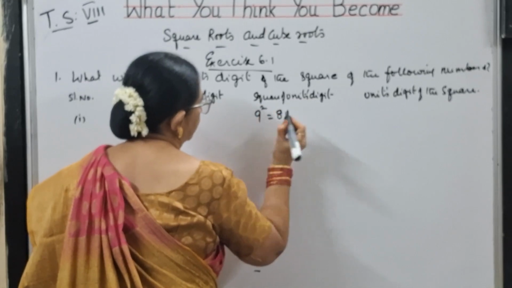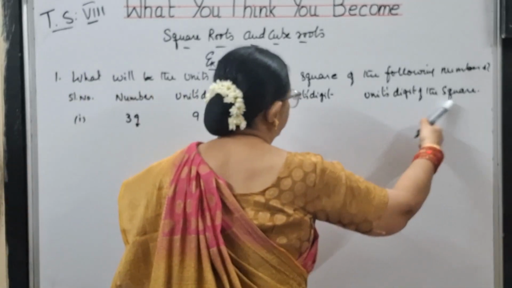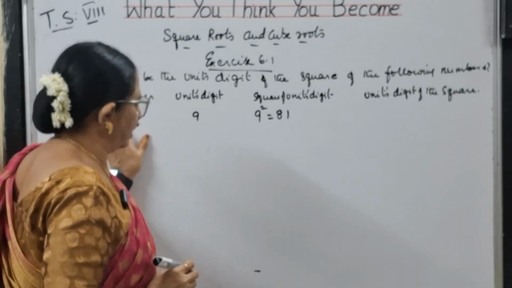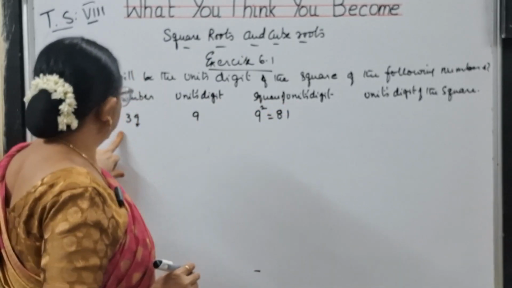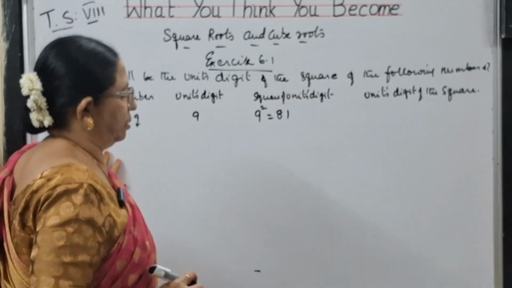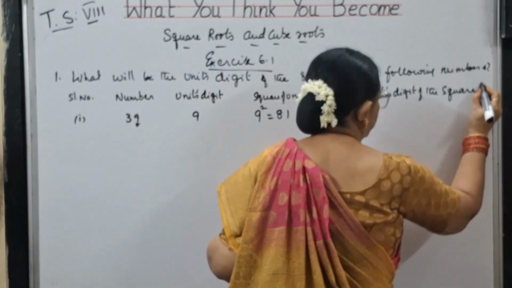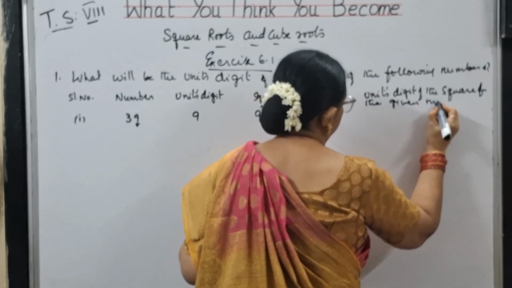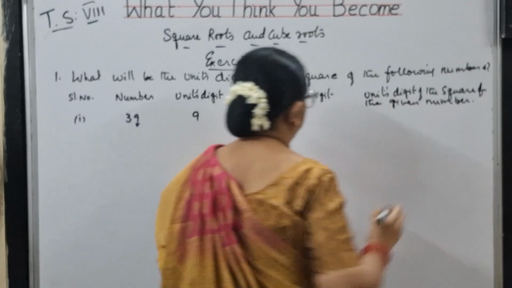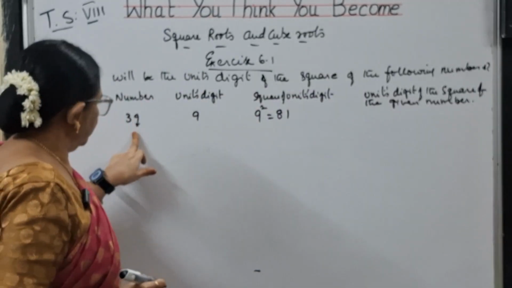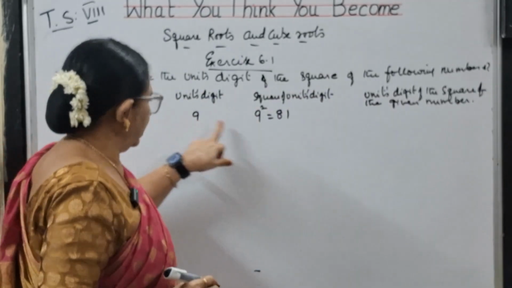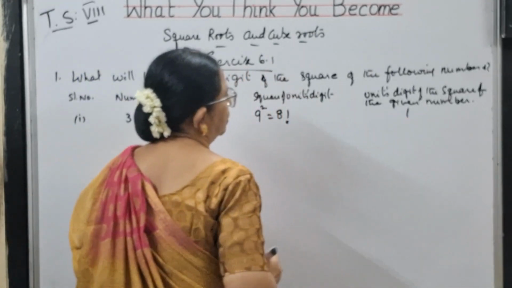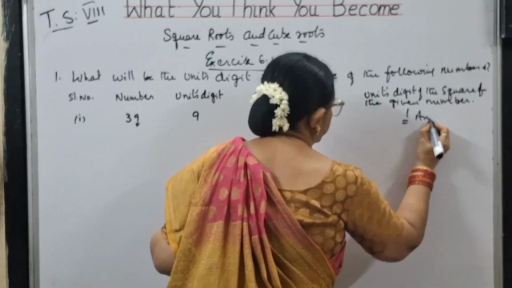Now, units digit of the square of the given number. The given number is 39. So 39 units digit is 9. 9 square is 81. So what is the units digit here? 1. So 1 is the answer for this problem, children.